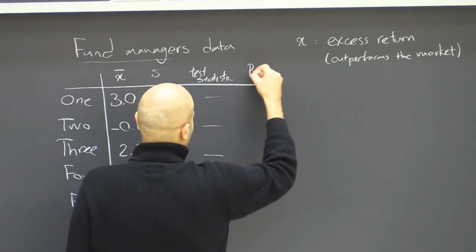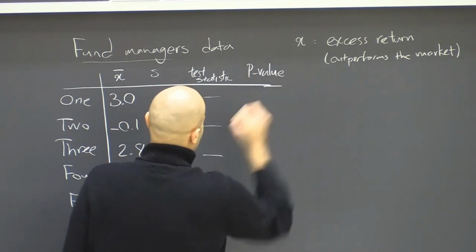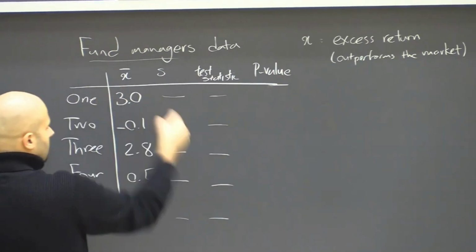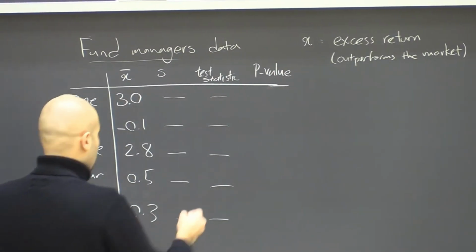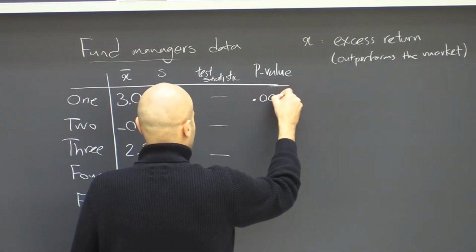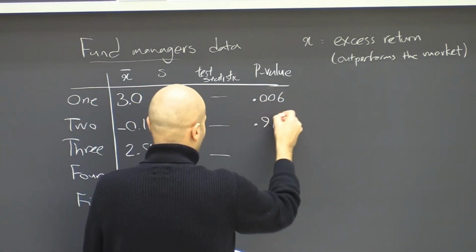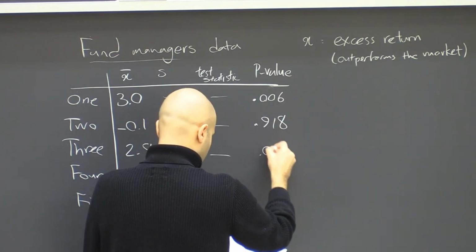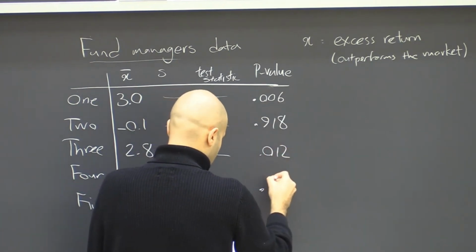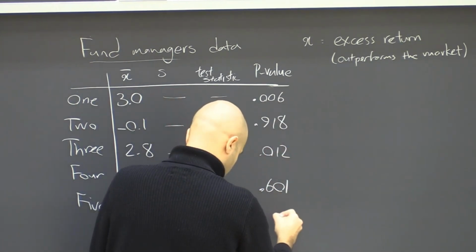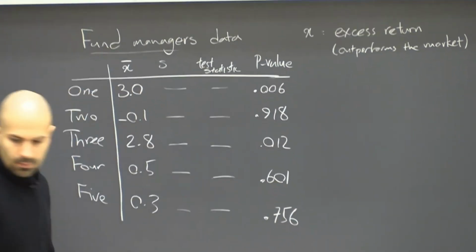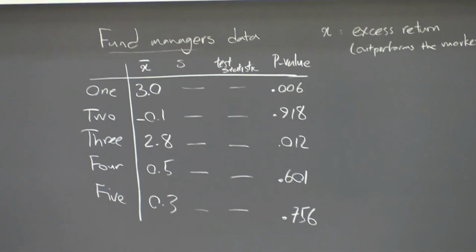But the important part is that there's also a p-value, which pretty much summarizes the rest. So the p-value for the first fund manager is 0.006, then 0.918, then 0.012, 0.601, and 0.756.